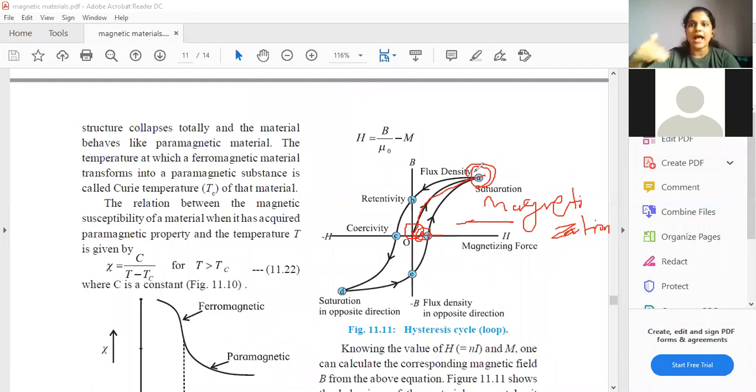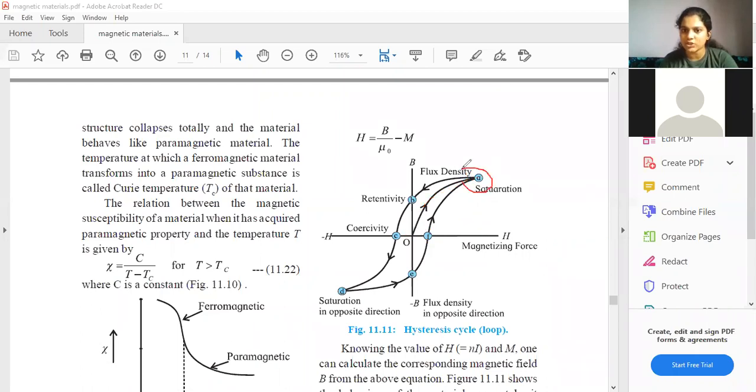Now, after this saturation magnetization point, even if you increase the current, it is of no use, because all the dipole moments have already been aligned. So that is the reason the graph stops here, because it has reached its saturation magnetization. All the atoms present inside the material have been magnetized or aligned. I hope you all are understanding.